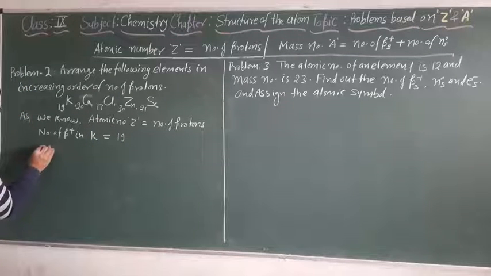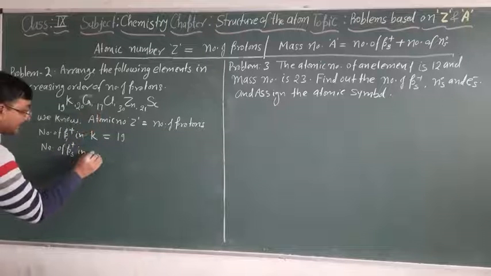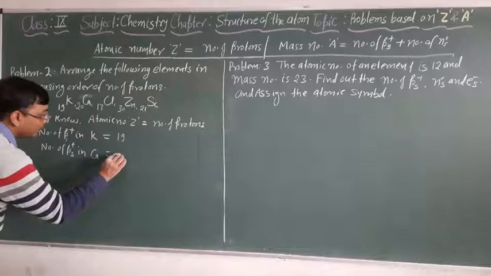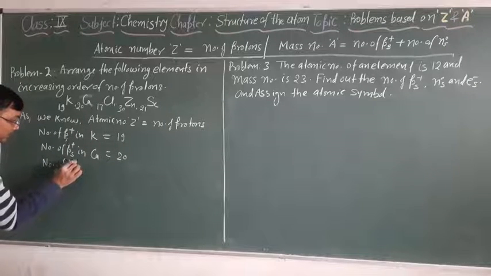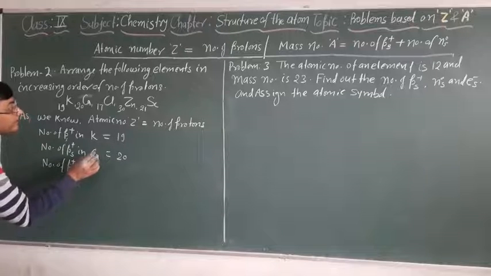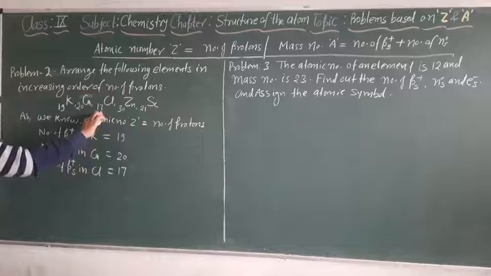Number of protons in calcium 20, number of protons in chlorine 17, clear?